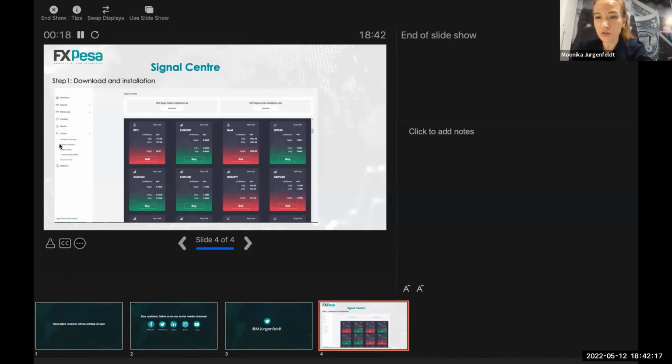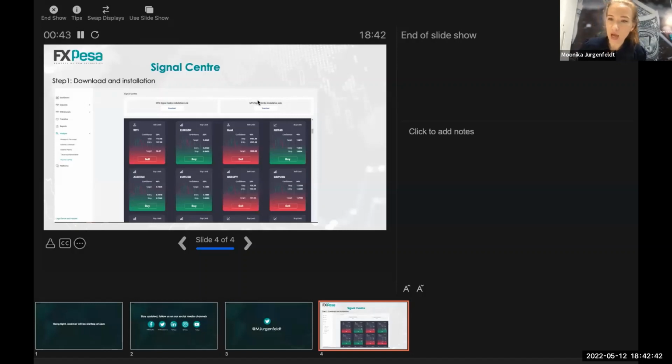There are some other widgets available for you, and the bottom one of them is called Signal Center. Once you click on the Signal Center, you have options to download both MT4 and MT5 installers. You can get the installers from here, and as Joe showed at the beginning of the session, you just need to install it to your platform, either MT4 or MT5.